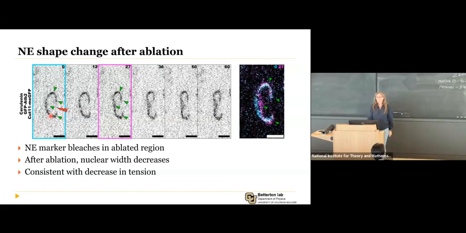This is a little bit subtle, but if you compare right at the time of ablation to about 30 seconds after, and these are superimposed in the cyan and magenta over here, you can't see exactly where the hole is because ablation also causes extensive bleaching in that area, okay? But what you can see is that the shape starts to relax with the nuclear width decreasing, consistent with tension, some mechanical change that's decreasing the tension on the envelope. All right.